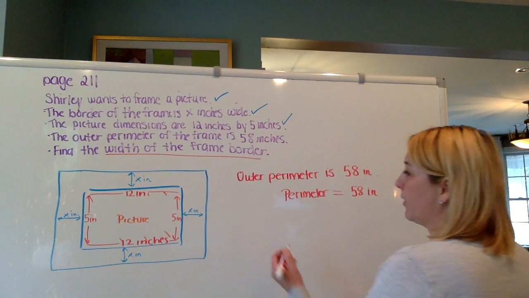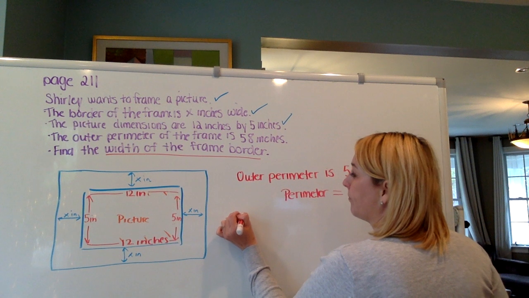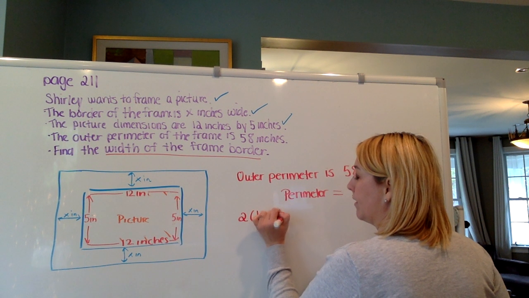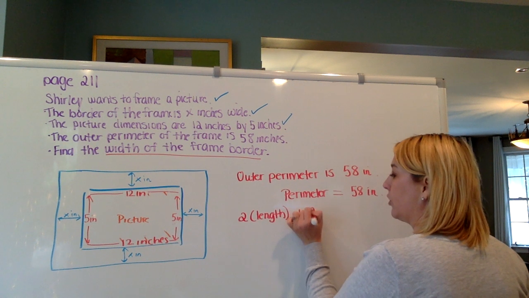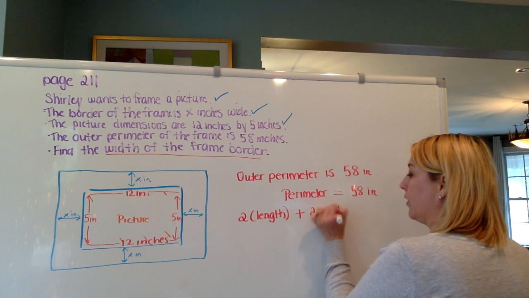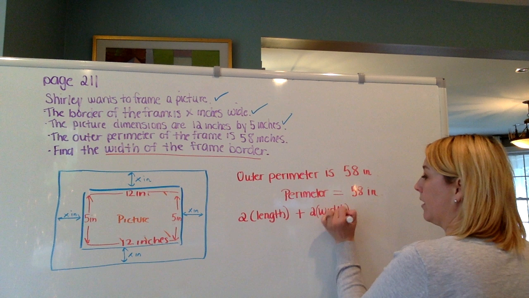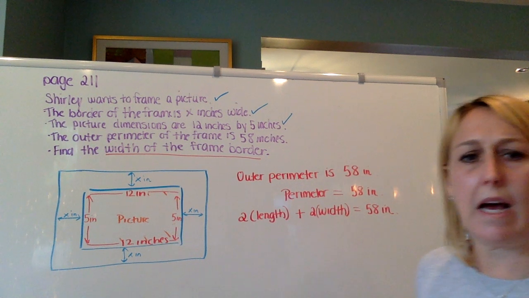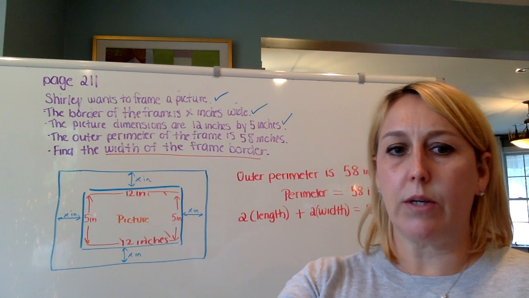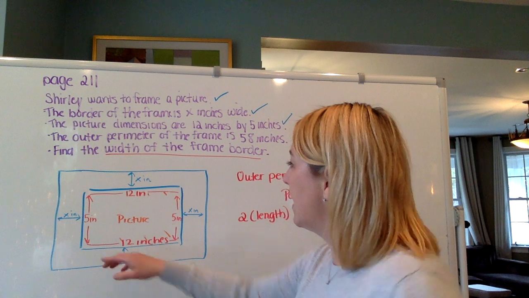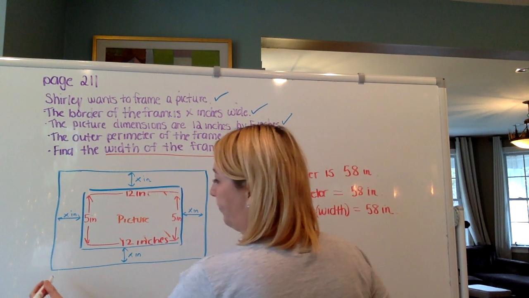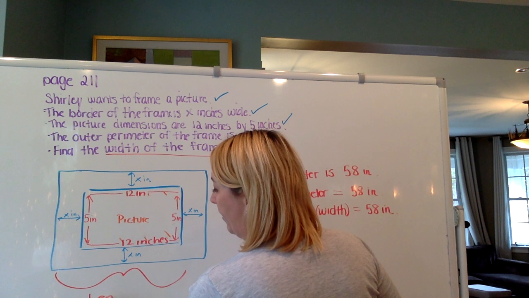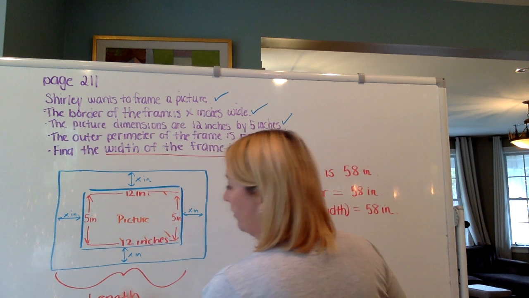So how do you find perimeter? Well, perimeter, as you know, is 2 times the length plus 2 times the width, right? Equals 58 inches. So 2 times the length. We're going to call this the length because it's the longer side.